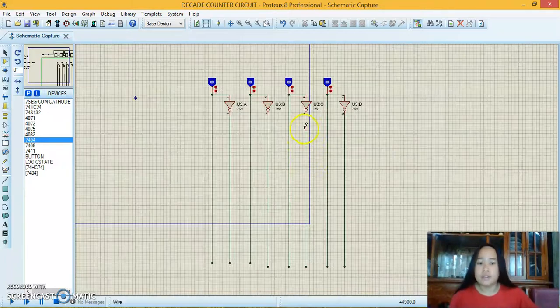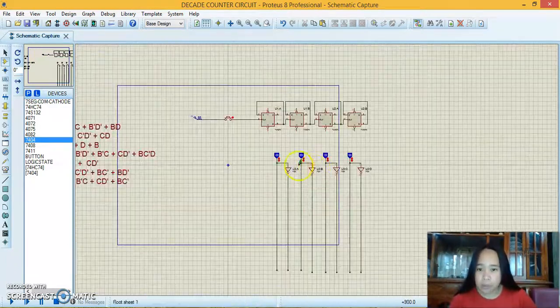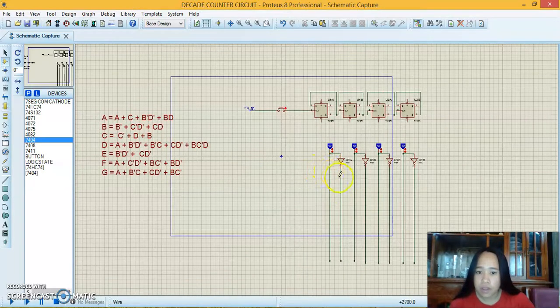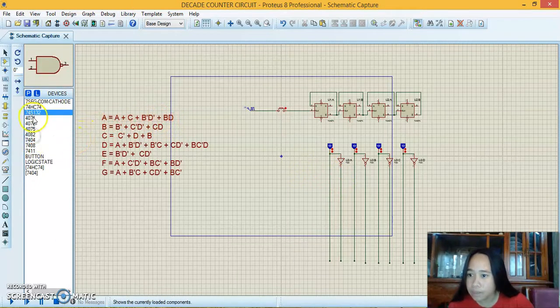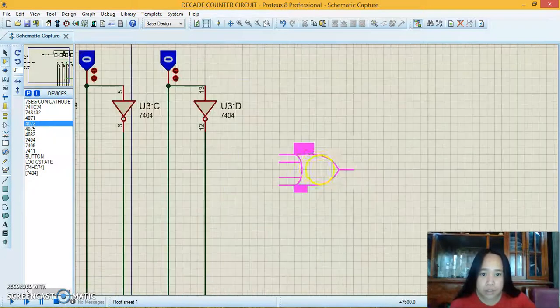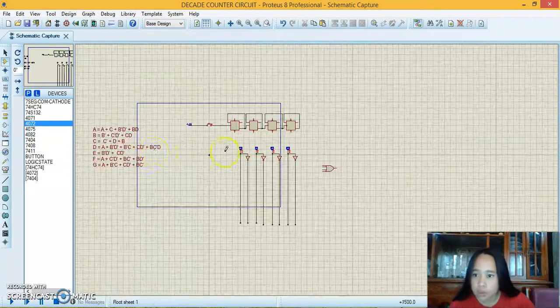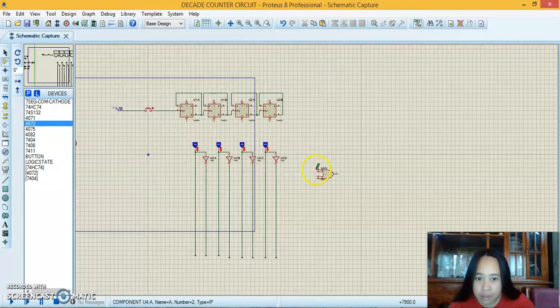Let us perform equation A first. We have here A plus C plus B prime D prime plus B D. So we need to have a 4 input OR gate. A, we can directly connect the A here.